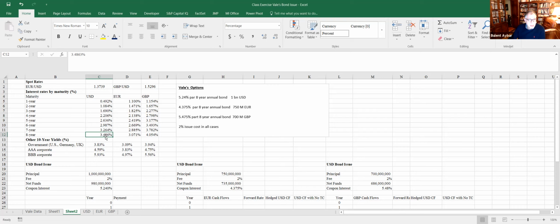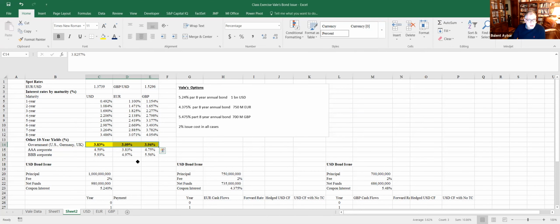That would mean you would earn 1 plus 0.03486 to the power 8 compound interest over an 8-year period. Also, we were given risk-free interest rates in US dollar, euro, and British pound in this line. So we could highlight those maybe. And then we do have AAA and BBB corporate interest rates in here.